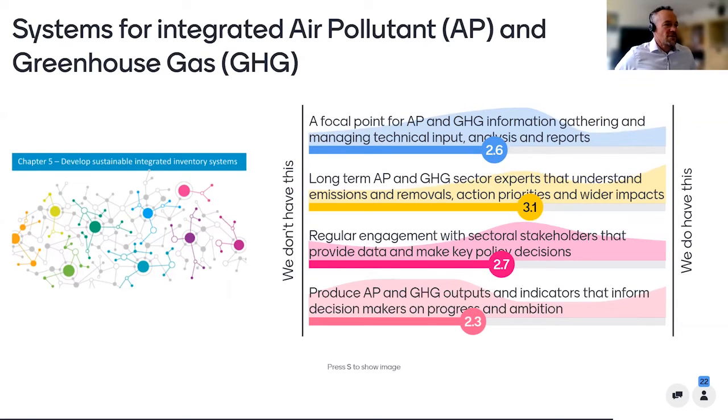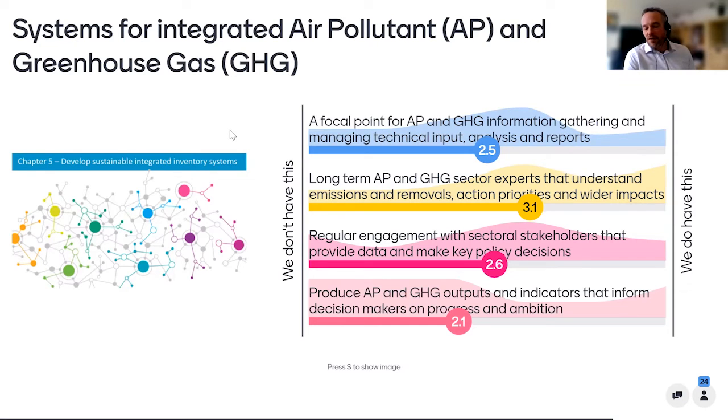And so these components really are 4 main components of the development of systems to integrate this data. We need some kind of focal point, somebody who's in charge of the data gathering, managing technical input, developing the teams, producing the reports, got that oversight of where the data is coming from and who's looking after it. Then we need expertise. So we need these sectoral experts.